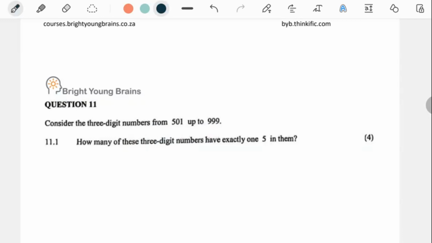If you're going to consider those numbers, how many of these three-digit numbers have exactly one 5 in them? So this was the question at hand.